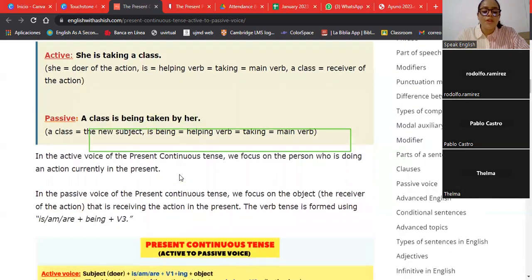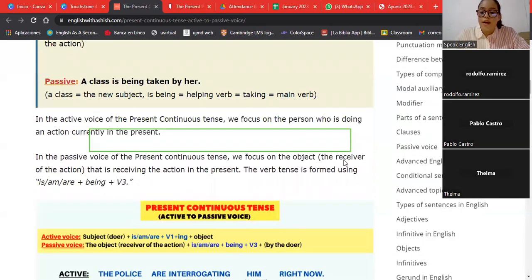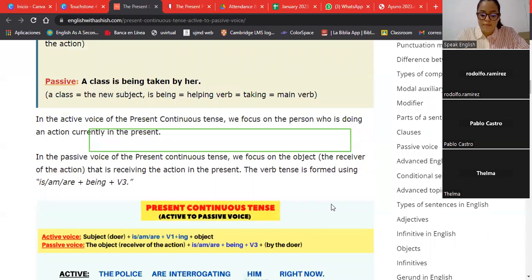Now, without looking at the other sentence, which would be the passive voice of the sentence? The police are interrogating him right now. He is being interrogated by the police. Okay, he is being interrogated by the police, like this.